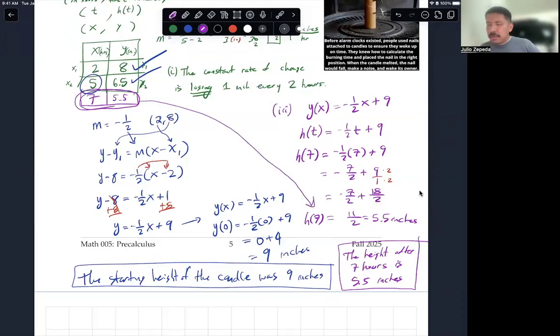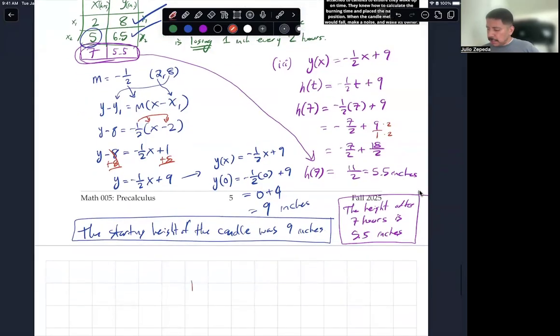We really should find the function and evaluate the function at 7, because I could ask you a different question, like, what is the height after, let's say, 7.35 hours? And it becomes a little bit harder.